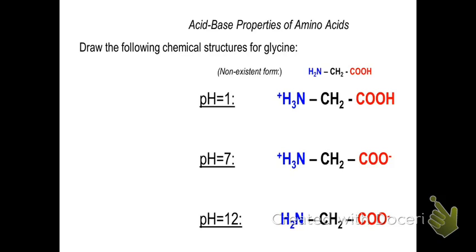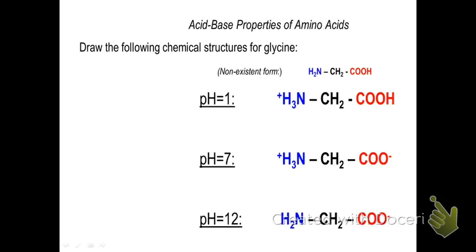Okay, so now we're going to look at a specific property of amino acids. We're going to talk about what is called the isoelectric point. Okay?